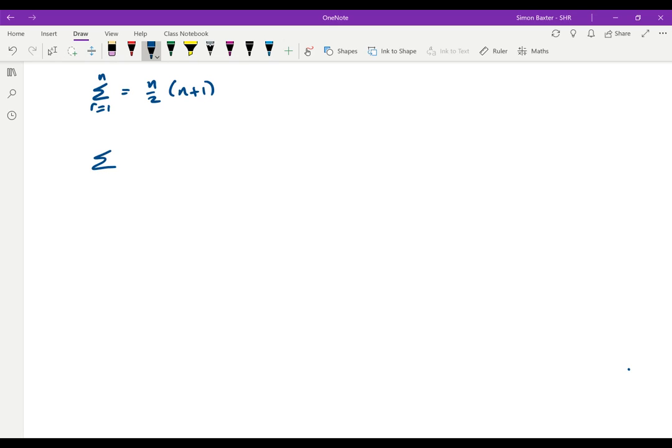How can we use that formula to find sigma 100 to 200 of r? A lot of people think that we do sigma 100 to 200 and subtract 1 to 100. That is wrong.